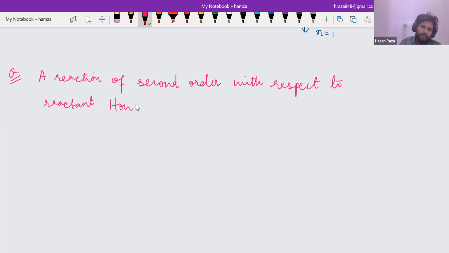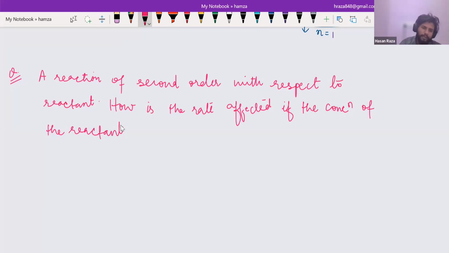How is the rate affected if the concentration of reactants falls?